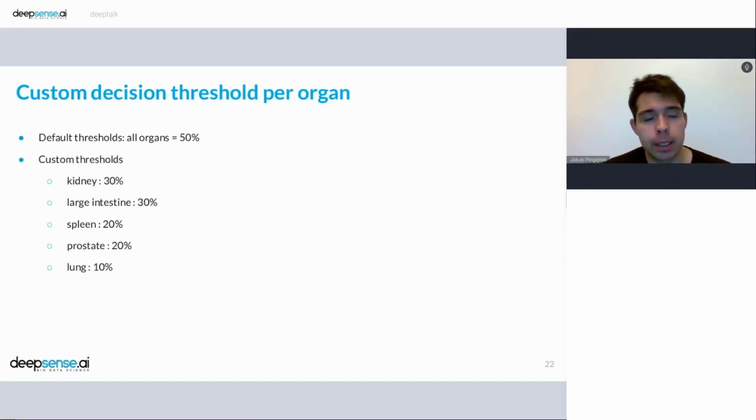But it turned out that lowering those probabilities for different organs improved the performance quite a bit, especially for lung, where the threshold was only 10%. And I think it was because the annotations for lung images were quite difficult. Our model was not able to predict those lungs properly, so we needed to lower our threshold significantly.